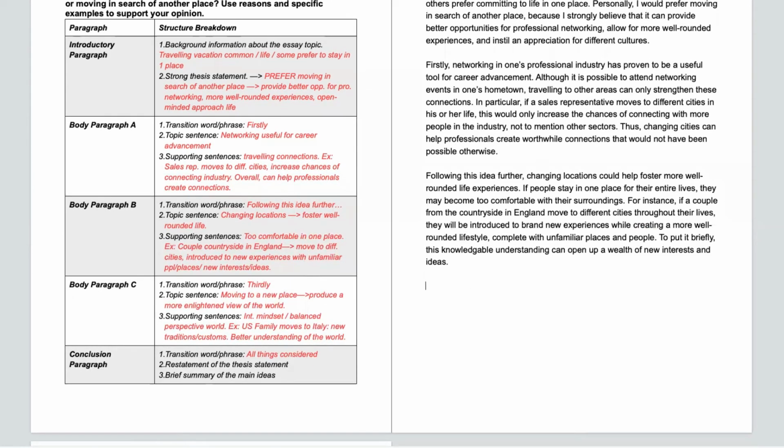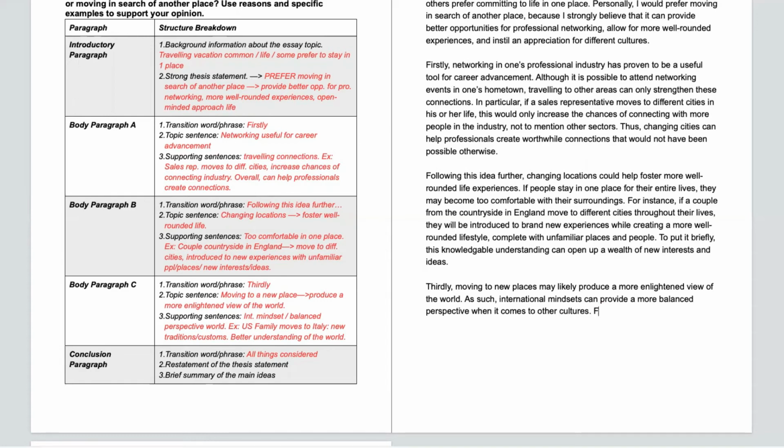I'm going to continue on with my body paragraph C, using thirdly, moving to new places may likely produce a more enlightened view of the world. And I still kept this wording that I had here in my outline. I'm going to explain it and say, as such, international mindsets can provide a more balanced perspective when it comes to other cultures.